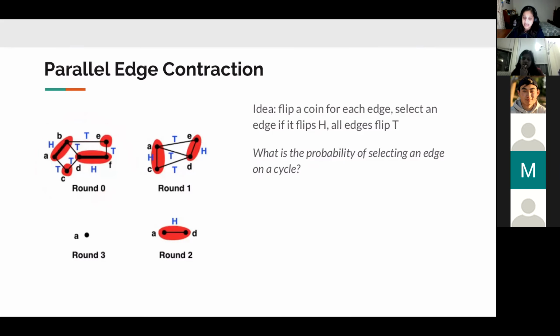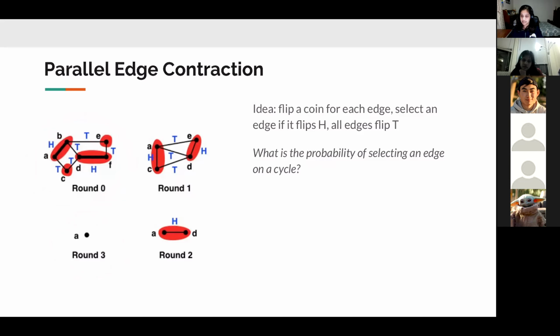And then you create partitions based on the edges that flipped heads, where all the other edges coming out of the vertices this edge is on also flipped tails. Then you contract this into one single vertex, which is here, and you keep repeating this until you have one final vertex at the end.